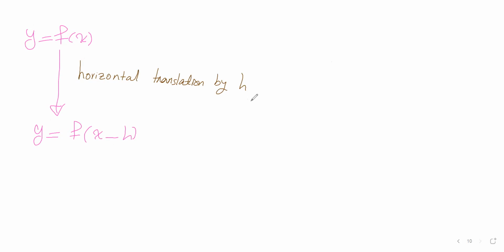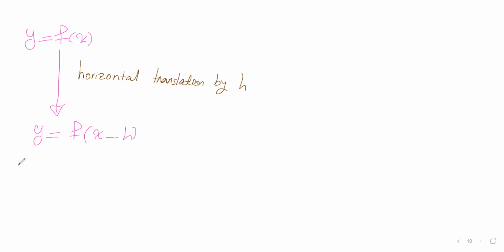So what do you think? What happens to the graph of f if you change your function from f of x to f of x minus h? Anyone? Yes, it's horizontally shifting right or left, right?